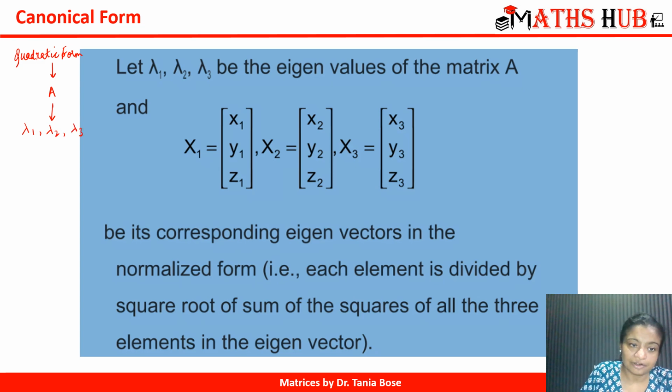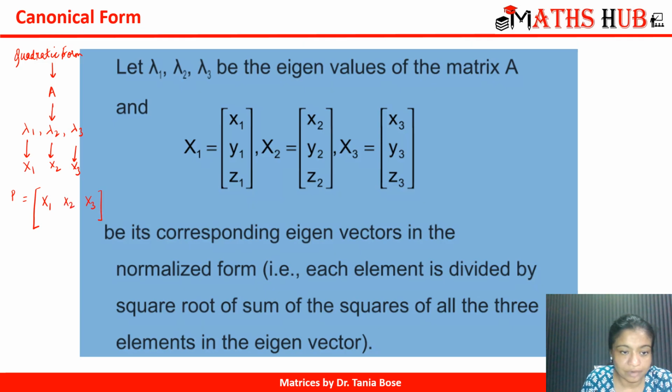Then corresponding to every eigenvalue, we will have the eigenvector, that is x1, x2 and x3. And then we frame the modal matrix P by placing the eigenvectors along the columns, like we do in the diagonalization process. So do watch my video on diagonalization. Once we get the modal matrix P, we calculate its inverse and establish the product P inverse AP.